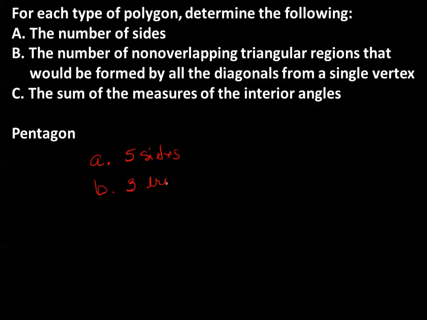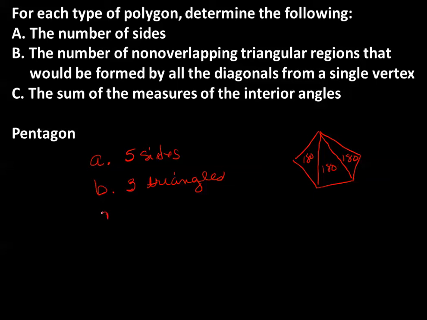You can always go back and look at the table that we did, and I can roughly draw a pentagon here. And then if I drew from one vertex, you can see the 3 triangles. And if I did 180, 180, you could see that it's 3 times 180.